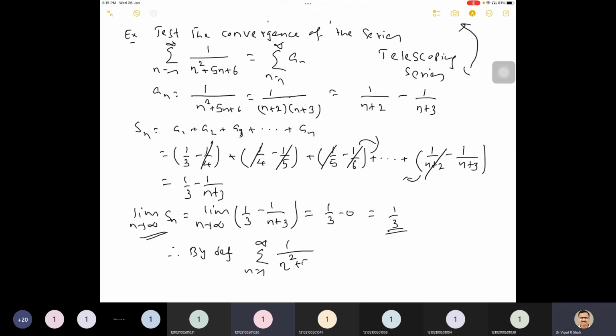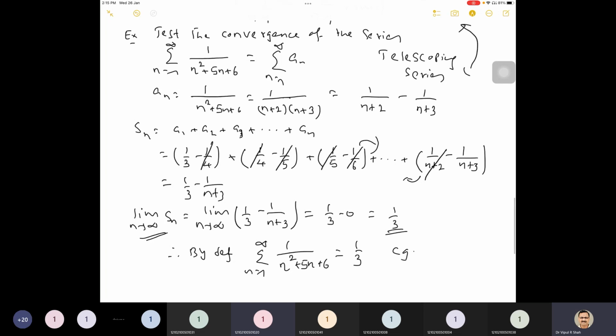You can see that you have infinitely many terms, but it has an exact sum, so it is convergent also. These are examples known as telescoping series, and we can find the sum by the definition. This is one kind of series that you are having.